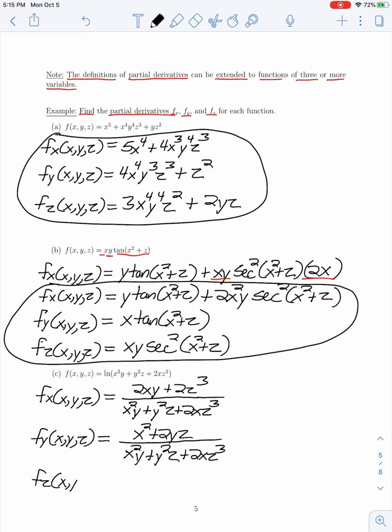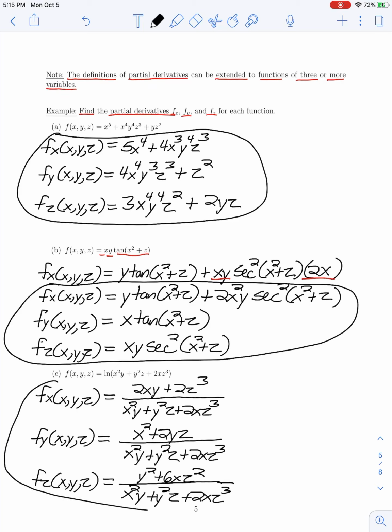And lastly, our partial derivative of f with respect to z would be 1 over the same polynomial times the derivative of the inner function with respect to z, which would be y squared plus 6xz squared. So these would be our partial derivatives of that last function with respect to x, y, and z.